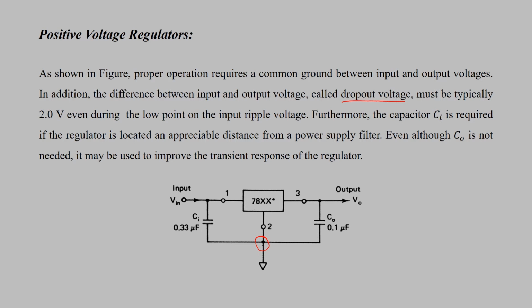Furthermore, the capacitor Ci, that is the input capacitor at the input side, is required if the regulator is located an appreciable distance from a power supply filter. Although C0, that is the output capacitor on the output side, is not needed, it may be used to improve the transient response of the regulator.